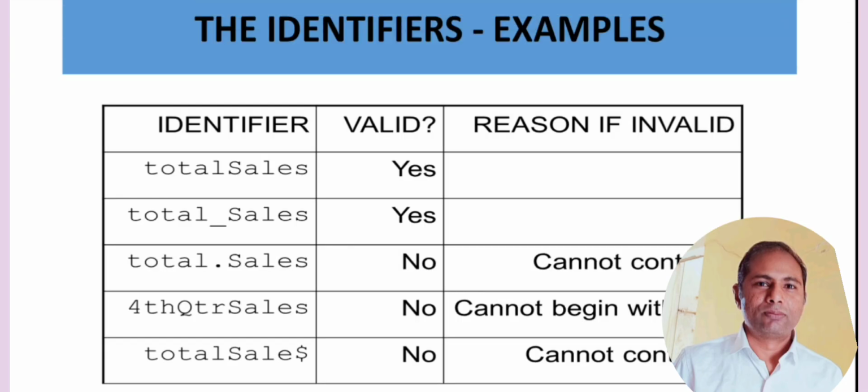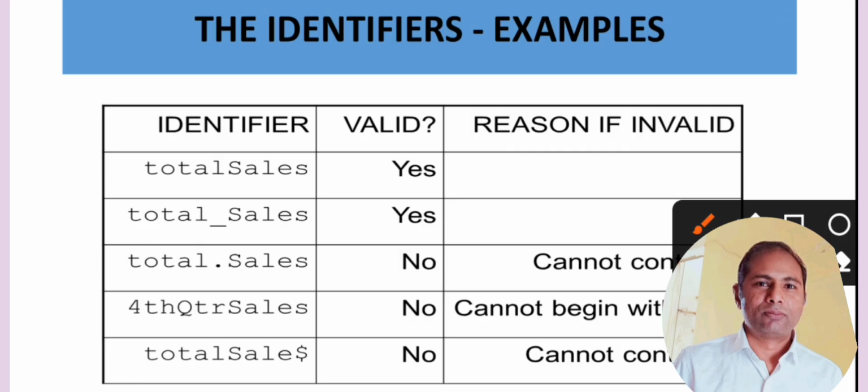Now these are some examples of identifiers, to see how we can know which is a correct identifier. For example, if I am writing total sales, it is a correct identifier because we have only characters here. If I write total underscore sales, this is also correct because we can include an underscore and letters. If I write total dot sales, we cannot include a dot, so it is not a correct identifier.